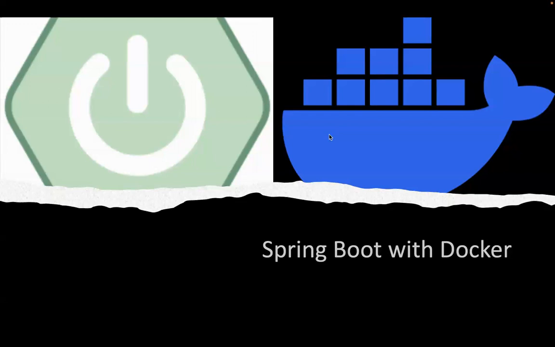The image is not runnable. It has just the build version of our application, which contains our jar file, nothing but the artifact, and the JDK, and any agents to run our application. That is nothing but an image.